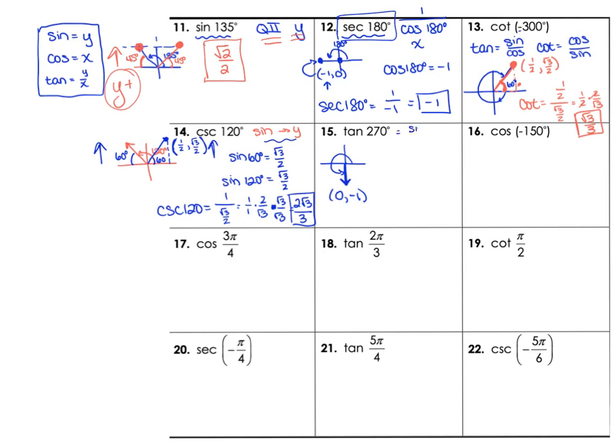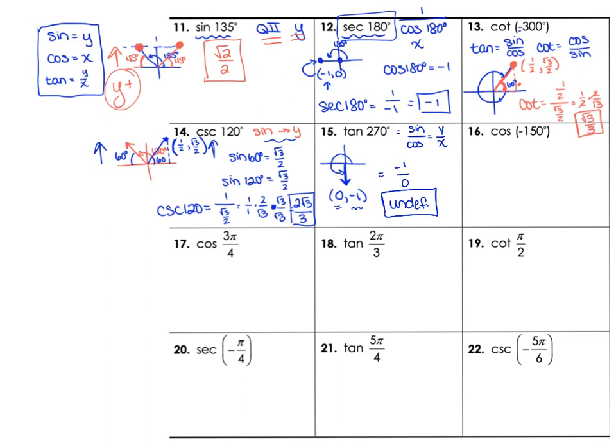Tangent is sine over cosine, or y over x. So the sine here, my y value, is -1. The x value is 0. So that's my fraction, and then we know that anything divided by 0 is undefined. The tangent of 270 degrees is undefined.